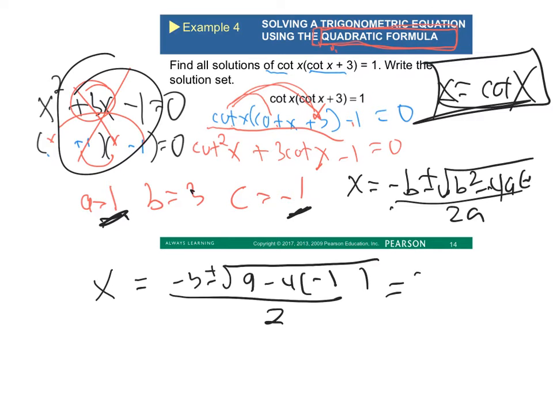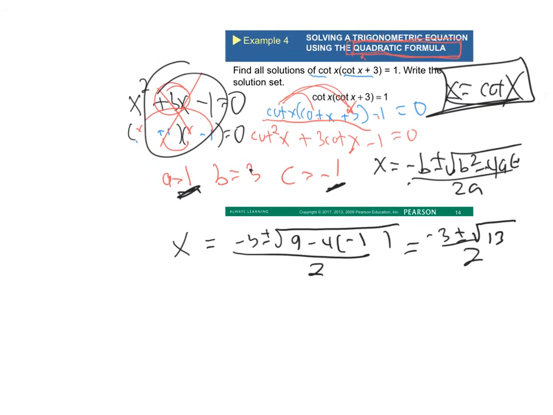That's -3 plus or minus the square root of 9 plus 4, which is 13, all over 2. But remember what we said. x is really the cotangent of x, which equals -3 plus or minus the square root of 13 all over 2.